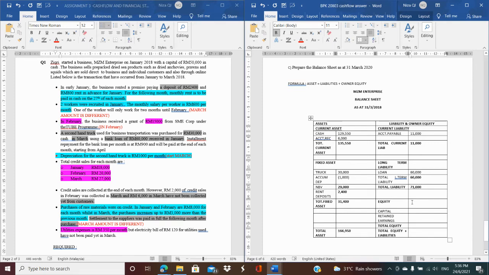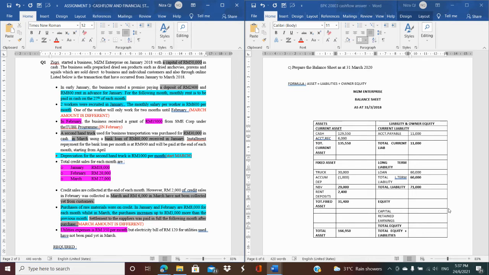Now we're going to look at the equity. So what is the equity? Equity comes from the owner, so it's the capital. Is there anything stated about the owner? At the start of January, the owner brings in capital of 50,000. This is the amount that has been invested by the owner.